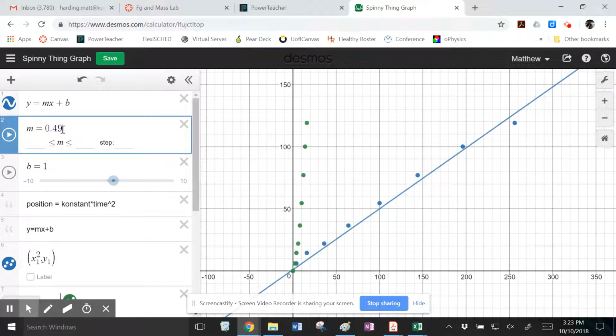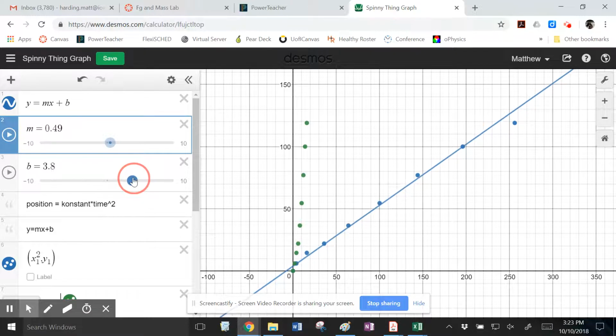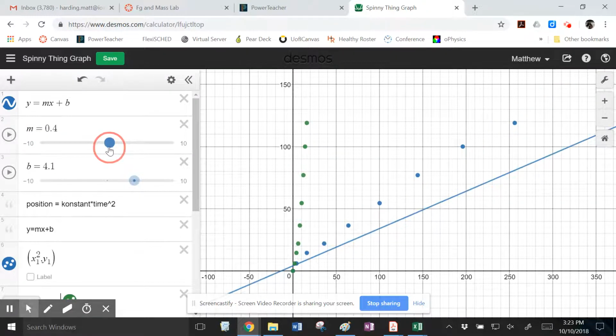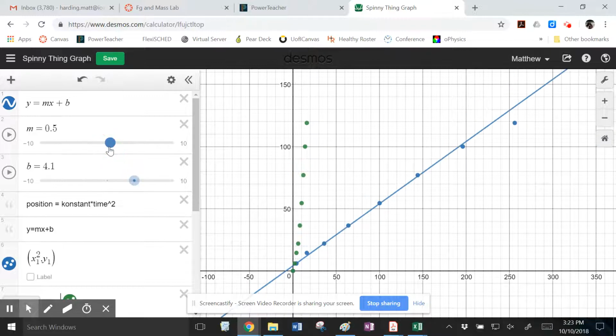Pretty close to what I had for a in that quadratic, right? Looks like that number is the same. Does it want b to be something? Maybe it does. I don't know. Okay. So I'm going to play around with that until I get something that looks like a decent fit. That looks all right, except for that last point.